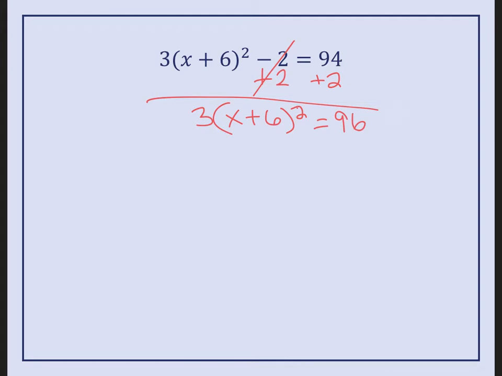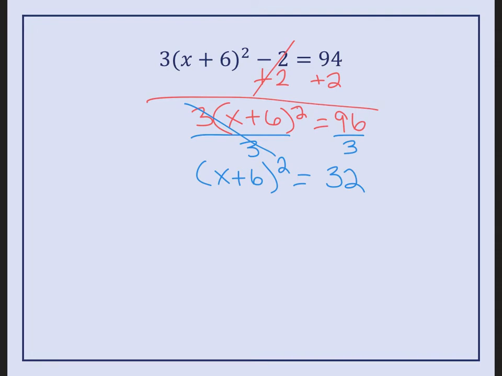Okay, then I want to move this 3 over. Right now this is 3 times x plus 6 squared. So in order to move the 3, the inverse of multiplying is to divide by 3, and I need to do it to both sides. So then I have x plus 6 squared equals 32.